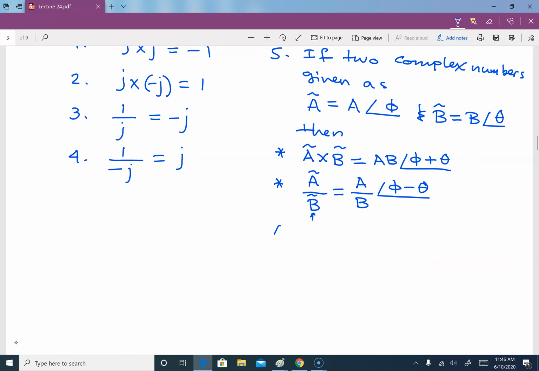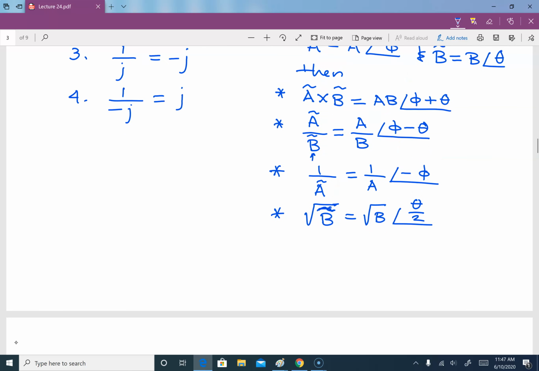Then we have 1 over phasor A, which is equal to 1 over the magnitude of that phasor with an angle of negative phi. And the last thing, if we have a complex number and we would like to take the square root of that, that will be the square root of the magnitude, and our angle will be half of it, that is theta over 2. So half of the angle.